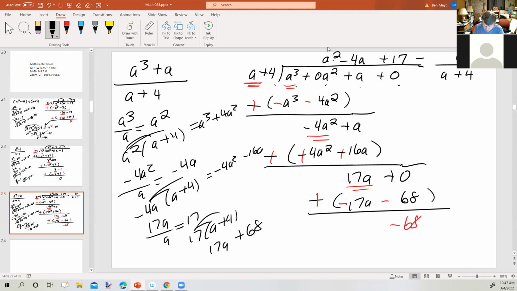A cubed plus 4A squared, minus 16A, plus 17A plus 0, then 17A plus 68, minus. Let's see what it says for more information. Okay, that's not helping. That's not what I wanted. Your answer is not counted as an omission, and common errors are listed below.